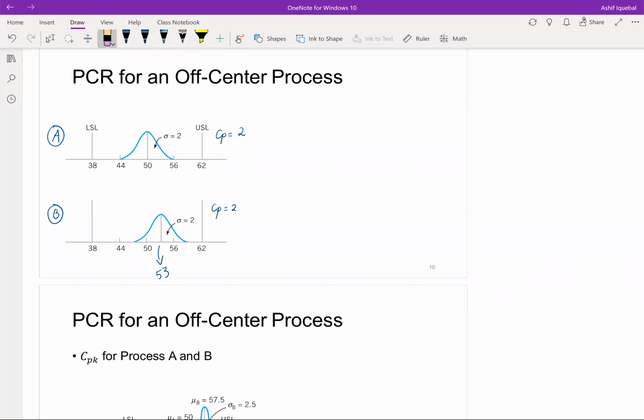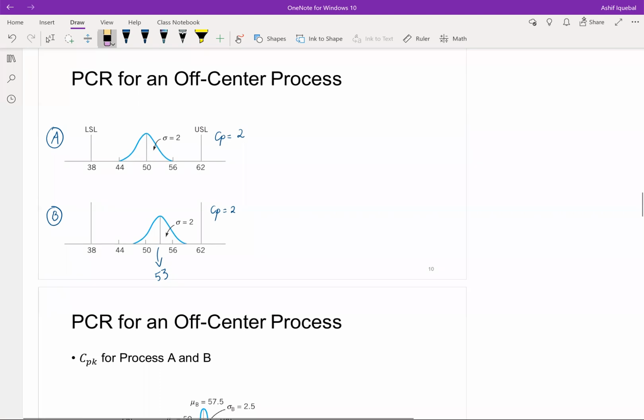Because process A is centered at 50, but process B is not centered at 50. There is a slight shift in the process mean for process B, right? So when the process mean shifts, the process capability should reduce, right? Now it is less likely to stay within the specification limits. So if the process mean shifts, we cannot use the formula of Cp directly. We have to use a modified formula for Cp.